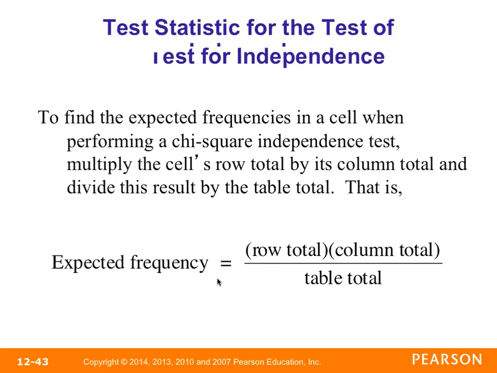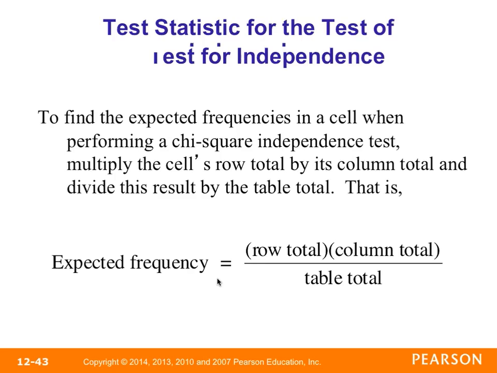Okay, so the test statistic for the test of independence, we're going to let Oi represent the observed number of counts in the ith cell, and Ei represent the expected number of counts in the ith cell. So this is the same idea as the last section. Our chi-squared statistic is just obtained by taking the sum of (Oi minus Ei) squared, divided by Ei.